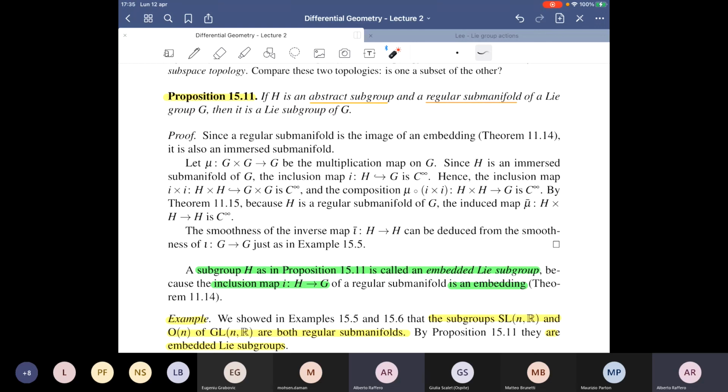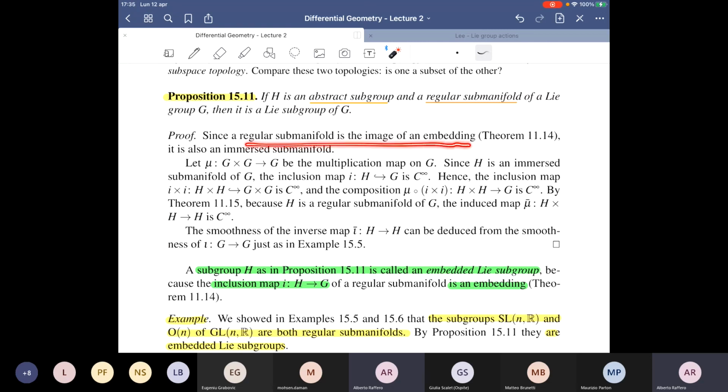So we are requiring a stronger condition than the immersed condition. We are requiring that it is a regular submanifold, so that it is both an abstract subgroup and the image of an embedding, if you want. So once these two hypotheses are satisfied, you have for free that your subset is a Lie subgroup of the Lie group. In fact, the idea is precisely this one.